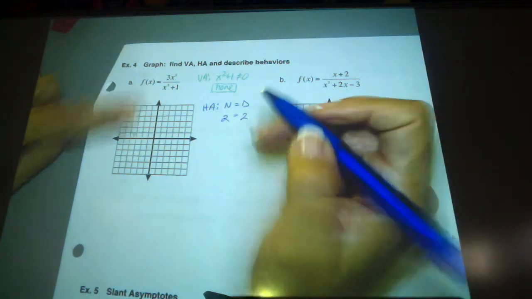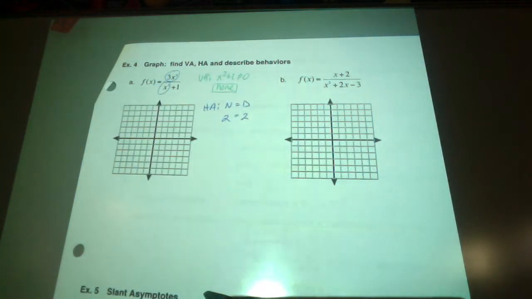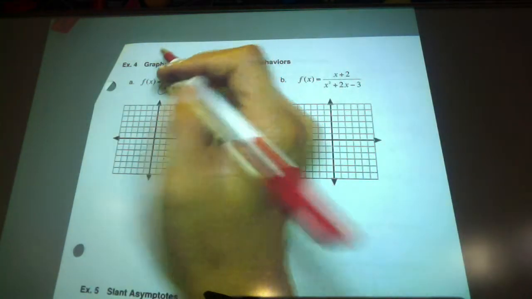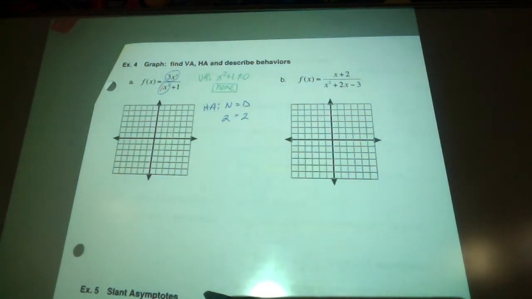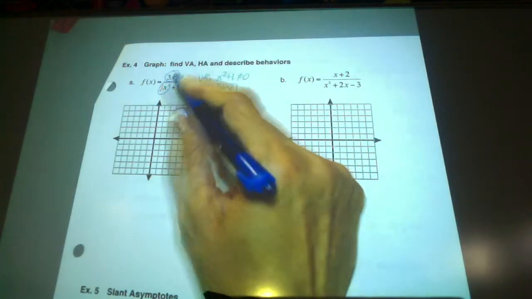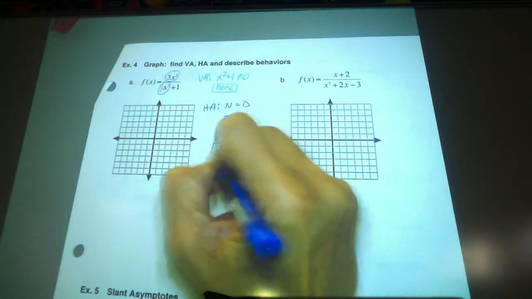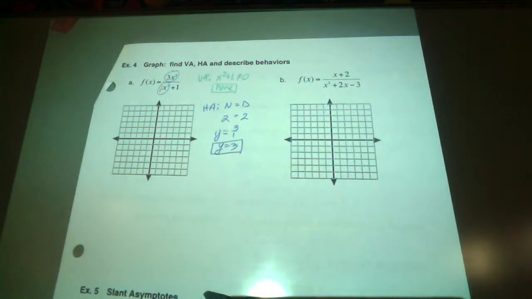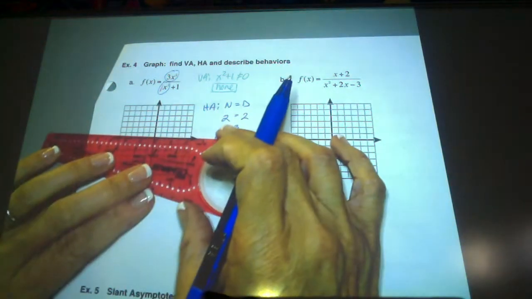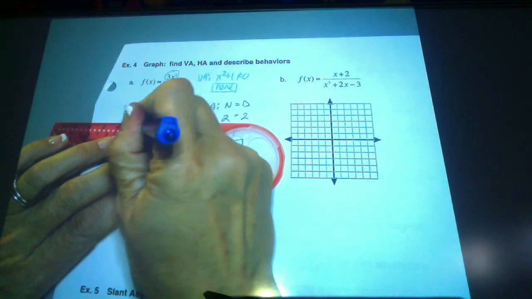When they're equal, you compare the leading coefficients of the highest degree terms. The x squared term has a leading coefficient of 1, so we end up with y equals 3 over 1, which is y equals 3. That asymptote I'm going to put in as a dashed line.